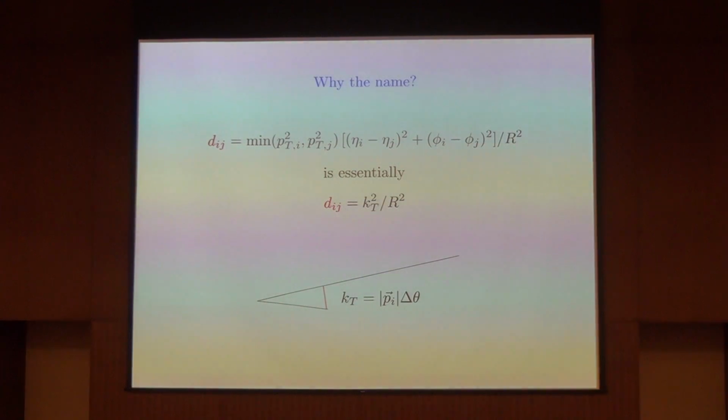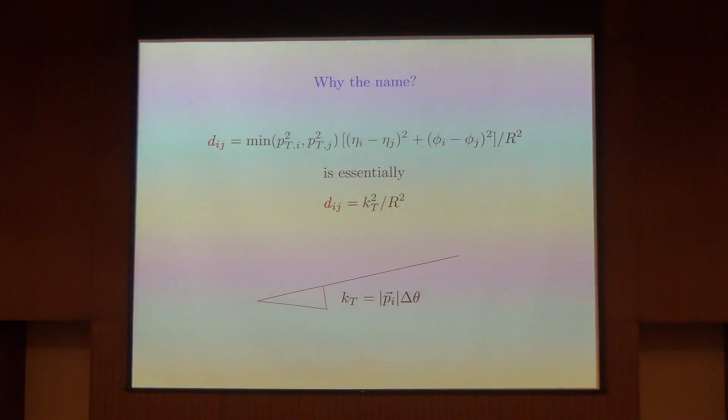And this is called the KT jet algorithm. Why KT? That might seem like a kind of mysterious name. It's because this quantity here, transverse momentum squared times angle difference squared, is essentially the transverse momentum of one of the protojets relative to the sum of them, the mother protojet, when you put them together.